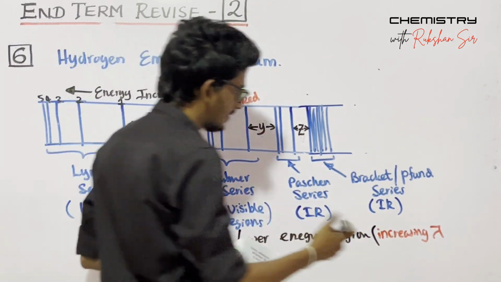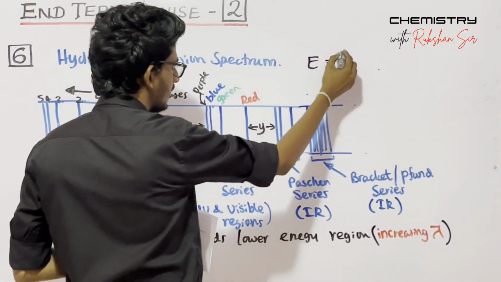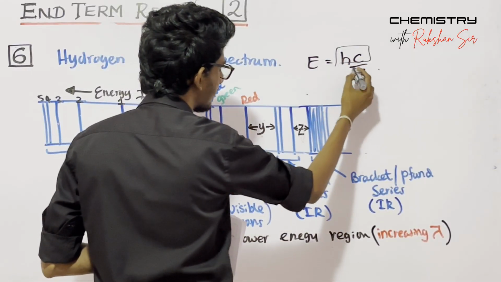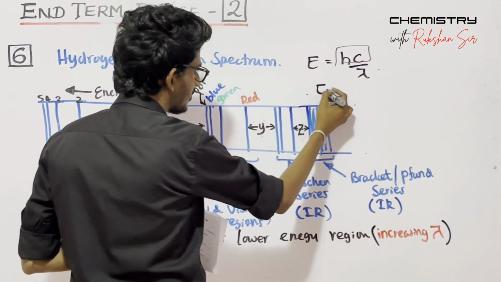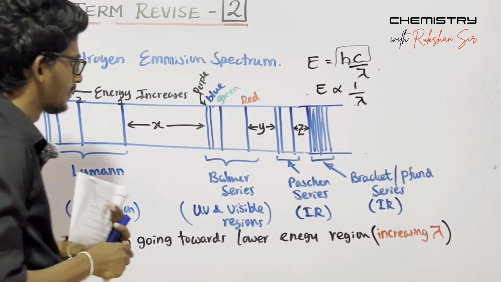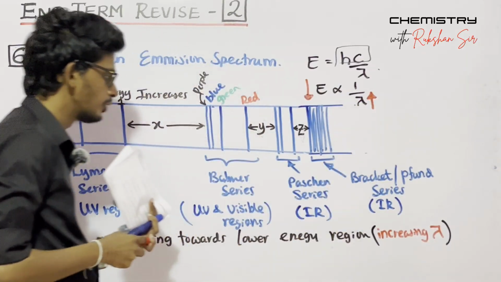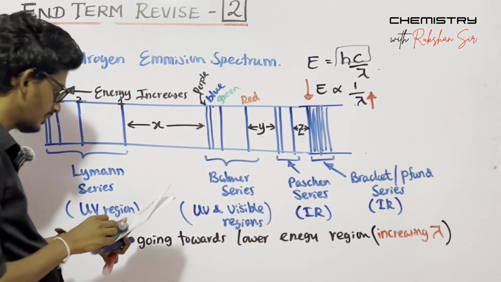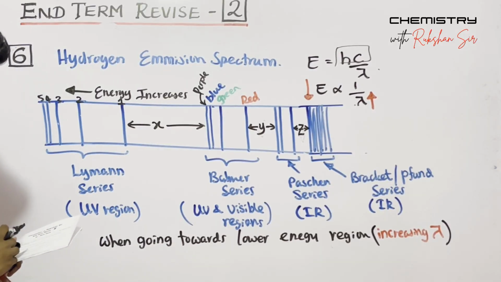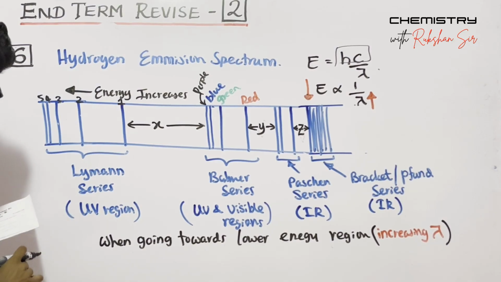Lower energy means wavelength is high. E is equal to hc by lambda, as these two are constants, E is proportional to 1 by lambda. Smaller the energy, greater will be the lambda. So when going towards the increase in lambda regions, series of spectral lines become closer to each other.